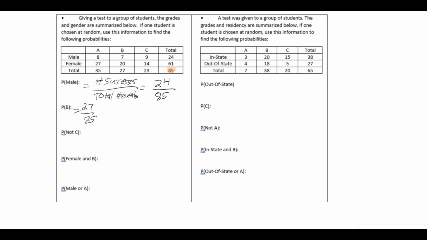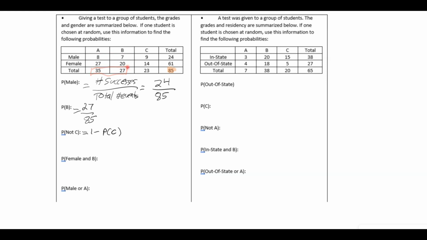Now the probability of not C. We can do this in 2 ways. We do know the rule that that's 1 minus the probability of getting a C. So we can either choose to do the not C's, that would be add up all of these that are not C's, or add up the totals.